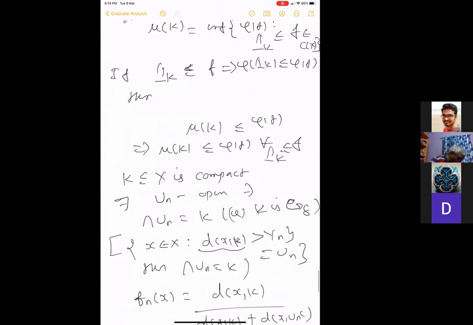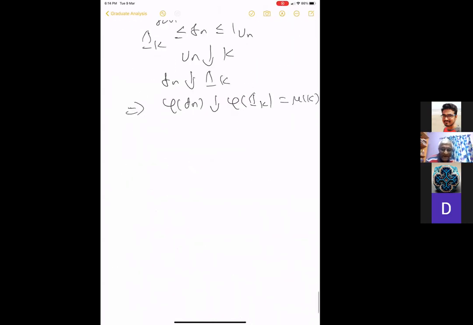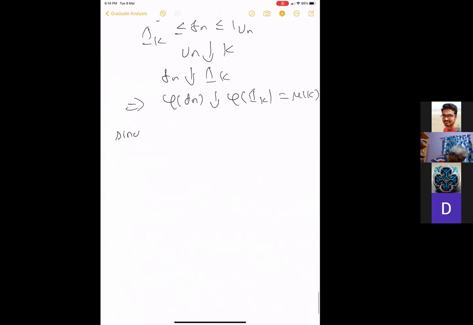Okay. But now on a compact metric space, the measure is determined by its value on the closed subsets because any measure on a compact metric space is inner regular. Inner regular means you can approximate the measure by compacts from inside.